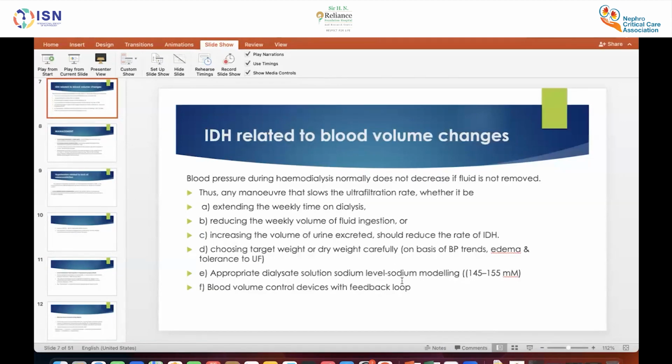Another thing I wanted to point out was basically the use of 3% saline and sodium modeling. Here you have written sodium modeling 145 to 155. So usually we keep it at around 148. Okay, 148, then we tend to decrease that.